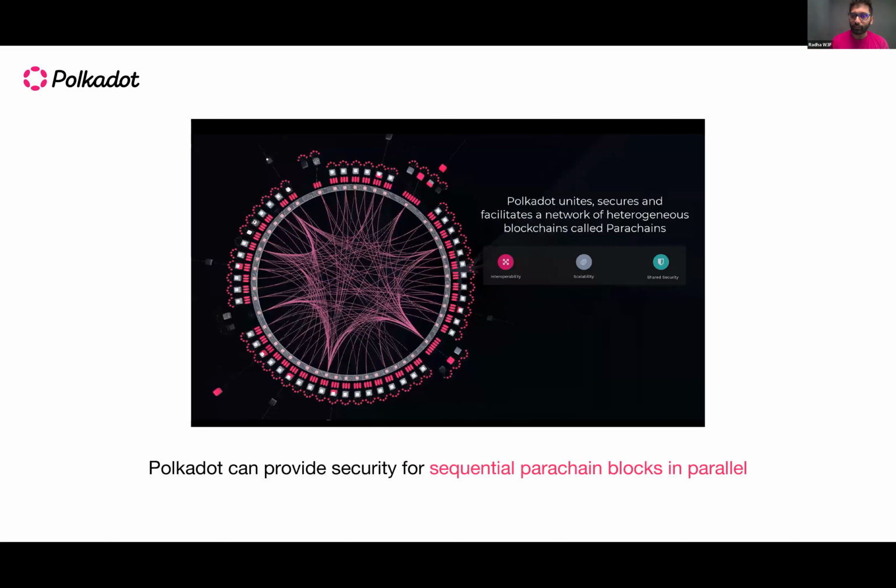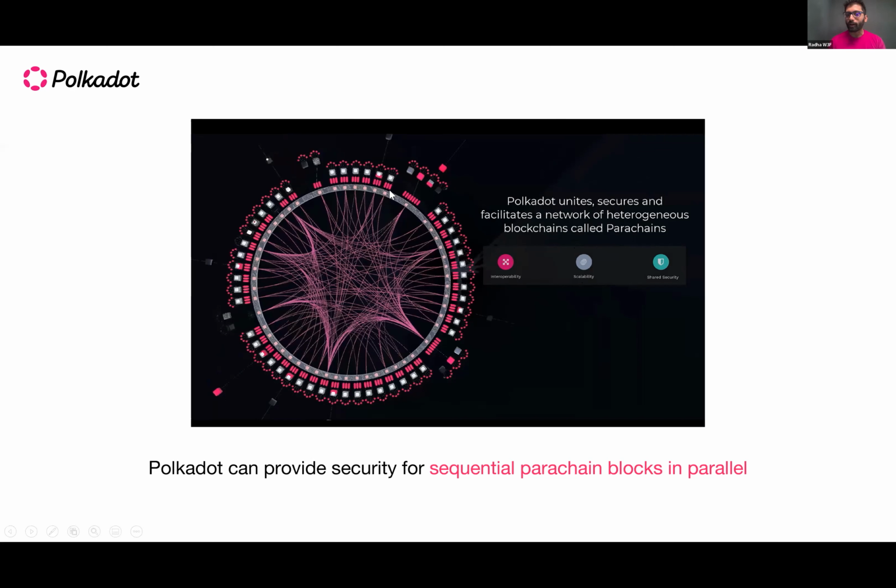So some of the key features Polkadot offers is interoperability, meaning every parachain can connect with other parachains, interact with them, talk to them, whether they have to believe each other. So we're going to talk about that later on. But Polkadot actually provides this medium of exchange, that communication.